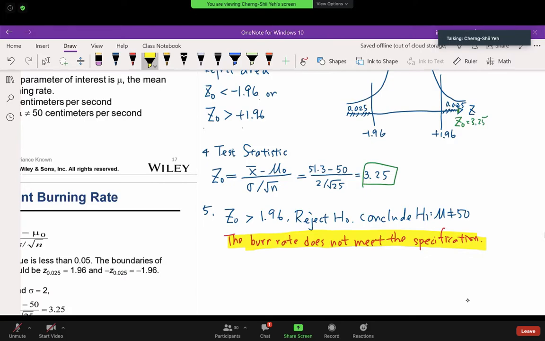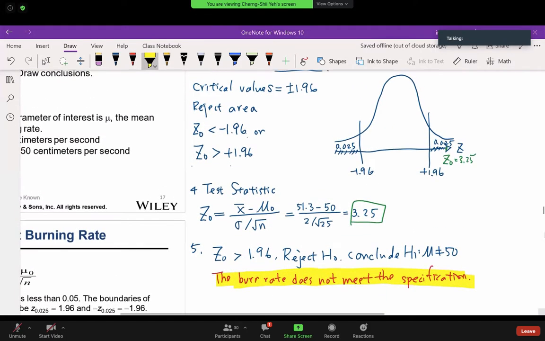So very important, I want you to write down the interpretation. I will ask you to write this interpretation for all of your projects. I will turn it back to you and ask you to do that again, to add the conclusion, to add the interpretation of all of your hypothesis testing.